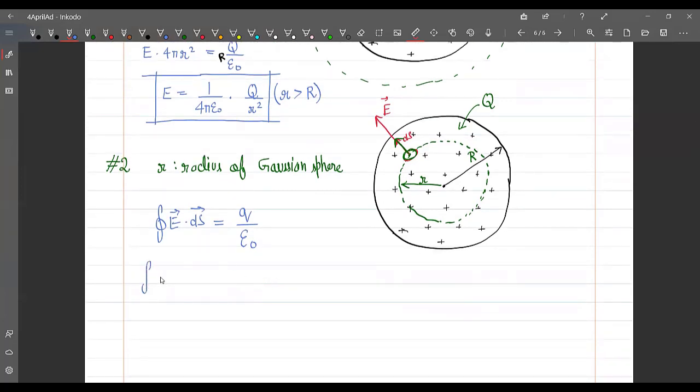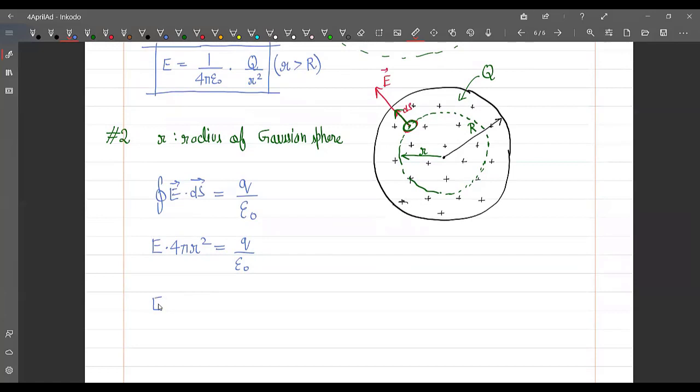Again, it's a sphere, so I can directly write E into 4 pi r square. Remember, this is small r. So again, electric field comes out to be 1 by 4 pi epsilon naught into q by r square.